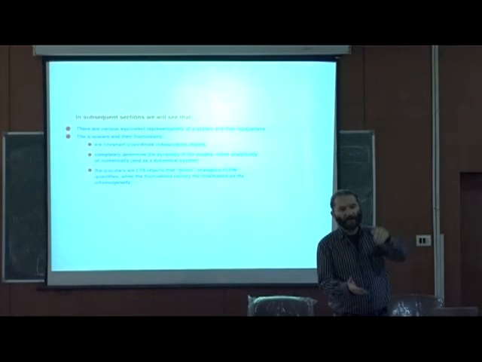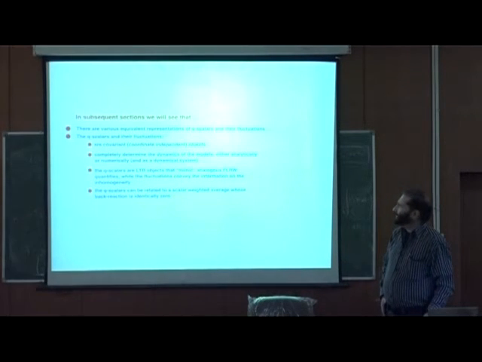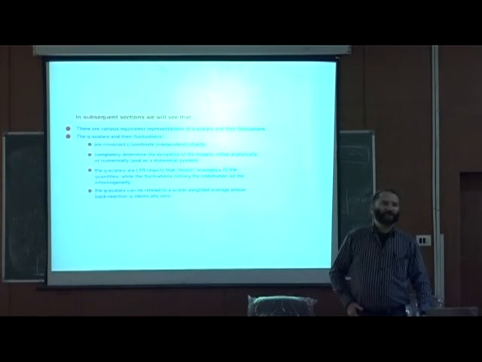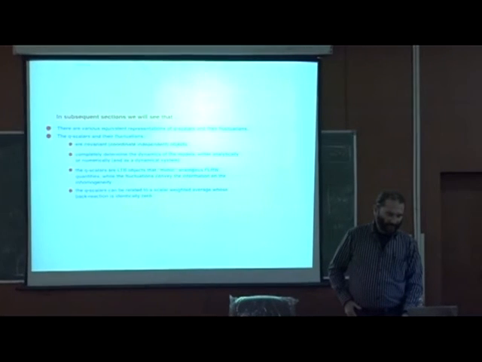If we go to the linear limit of the evolution equations, we reproduce the cosmological perturbations in the comoving gauge. See? And the Q-scalars can be related to scalar weighted averages, whose back reaction is identically 0. That's another interesting thing that will come out in the next lectures.